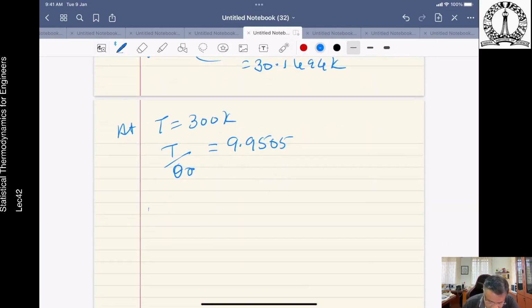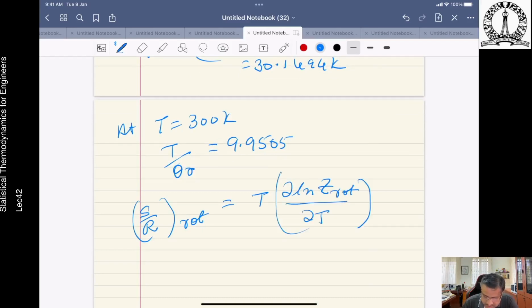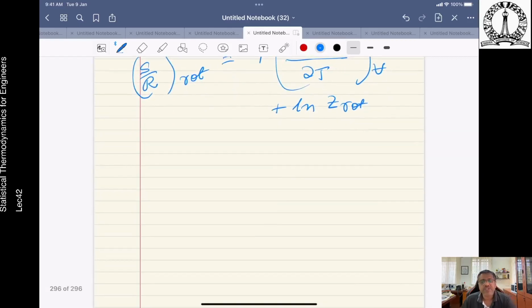Okay, so you can find out this S by R rotation is equal to T d ln Z rotation by dT at constant V plus ln Z rotation. So for Z rotation, you can use the expansion and take the first derivative, which means the correction terms need to be evaluated.